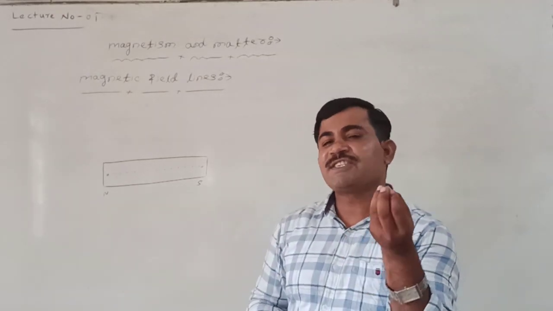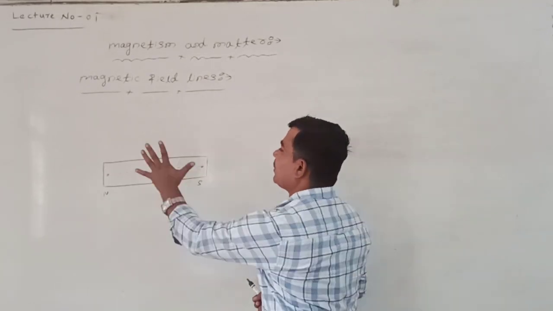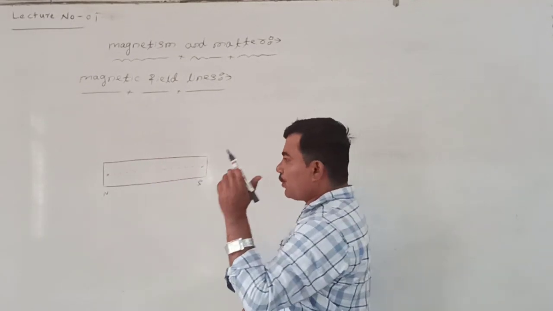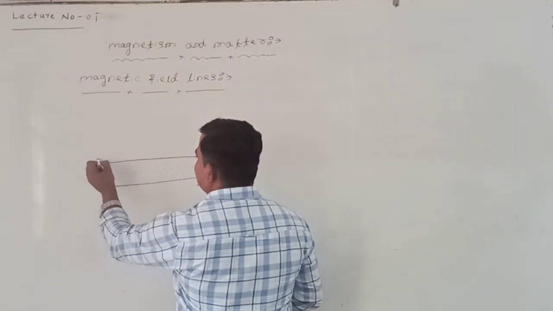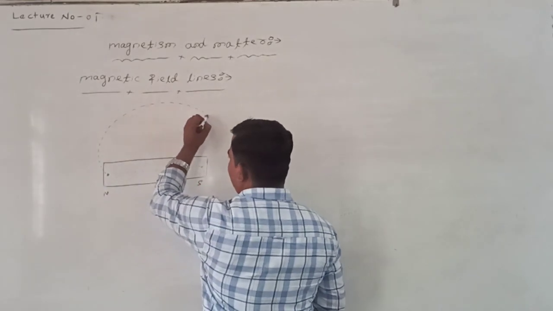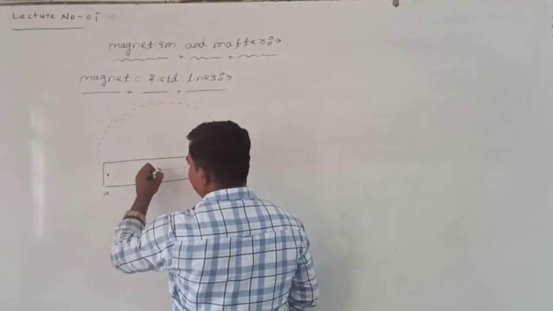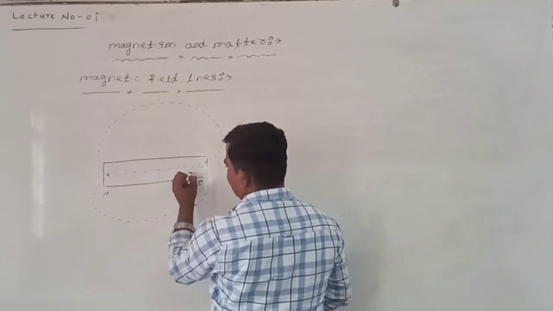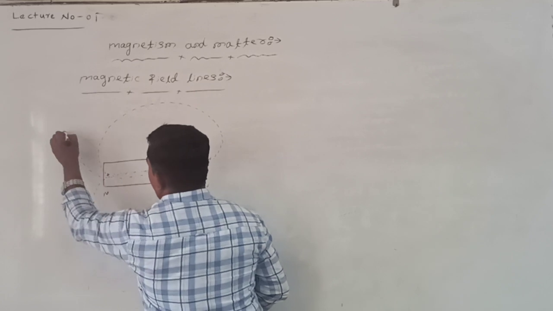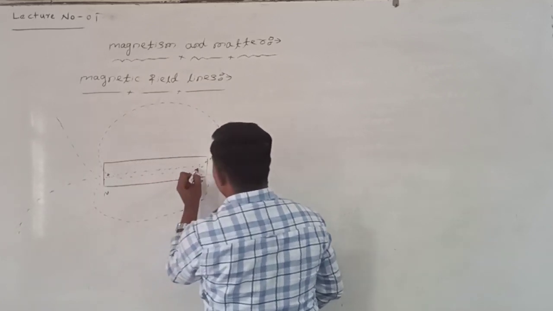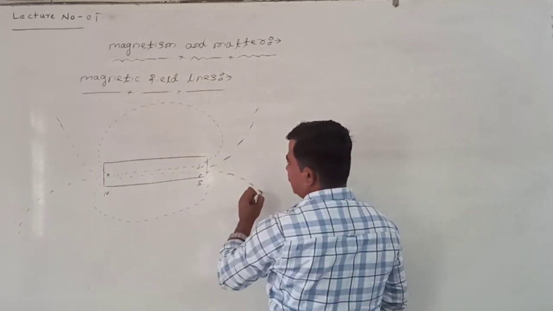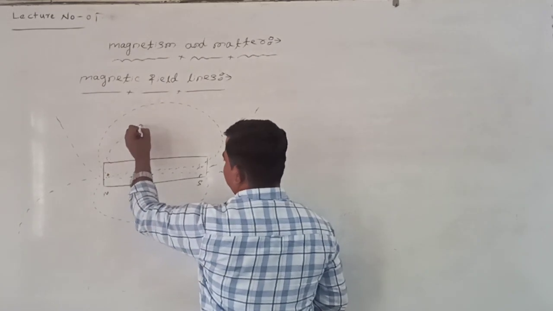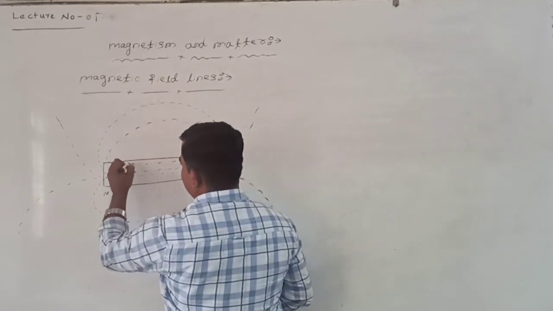If small pieces of iron are spread out on the magnet, those iron pieces will arrange like this. Look at me. In this pattern they will arrange.